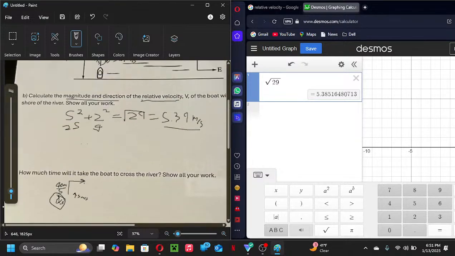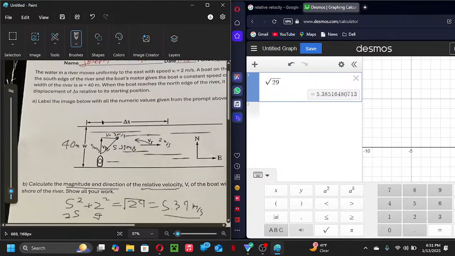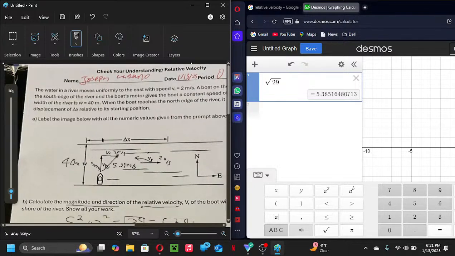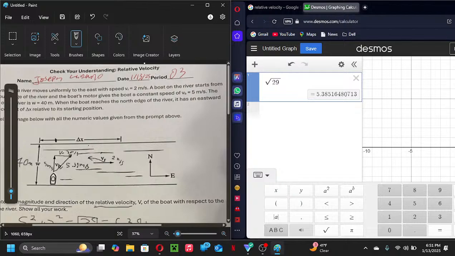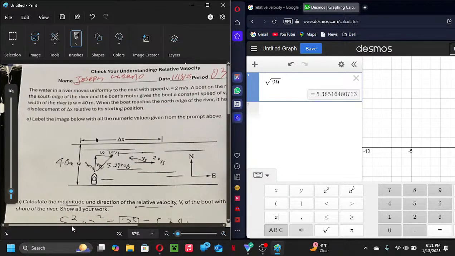Let me know if you got something different. When the boat reaches the north edge of the river, so over here, it has an eastward displacement of x relative to its starting position.